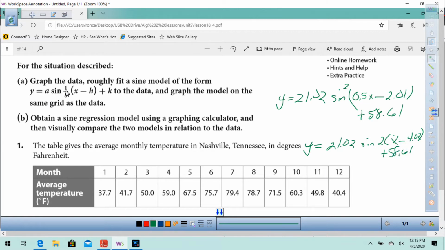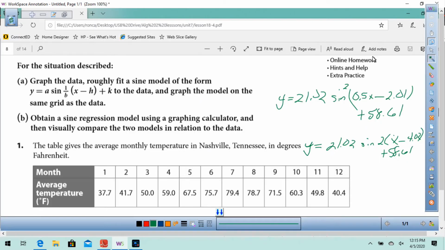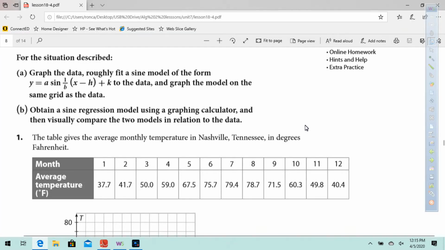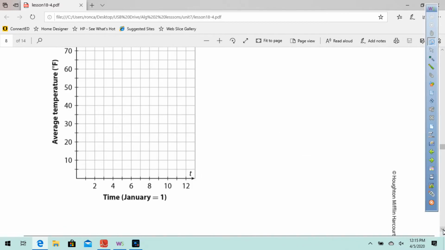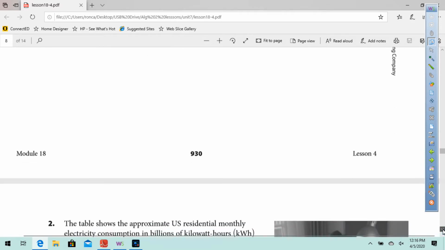So now we have it like that. And then visually compare. All right, so there's our equation. And it had some steps down here. I guess I didn't actually follow them.